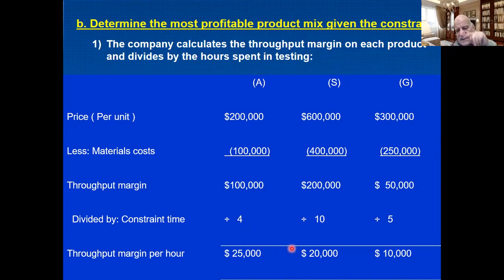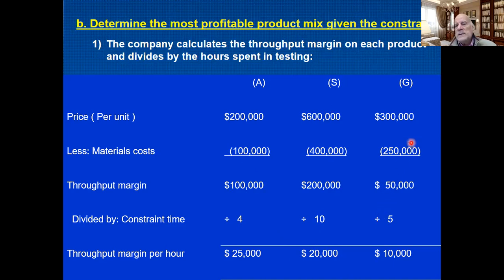But if this same hour is used in producing product S, this hour will not have more than $20,000. So using the time in product A is more profitable than the second product.